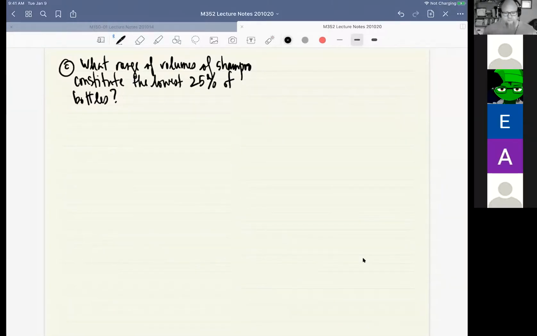So from what lowest volume to what highest volume is the 25% range of all the volumes that you'll find bottles filled to.